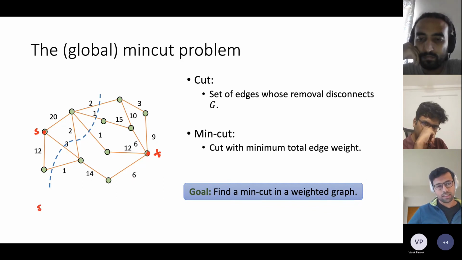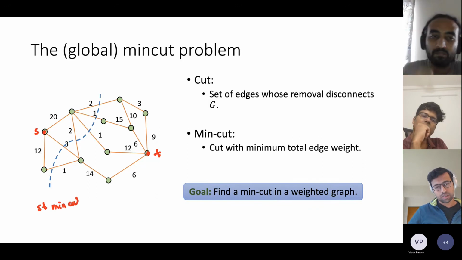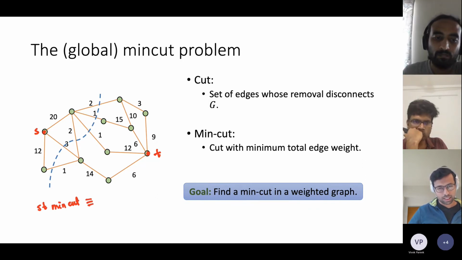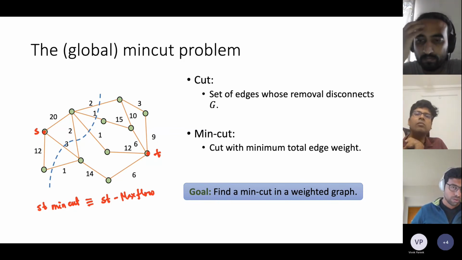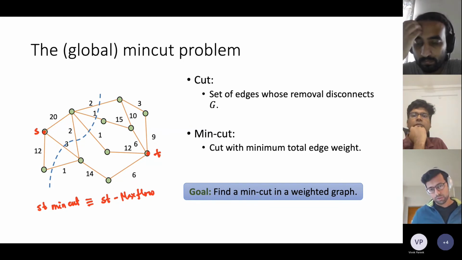This is called ST min cut, which is exactly equivalent to the ST max flow problem by the strong duality theorem. There are a number of algorithms known for the max flow problem, starting with the Ford-Fulkerson approach, and then fancier algorithms like Dinic's algorithm and the preflow push algorithm.